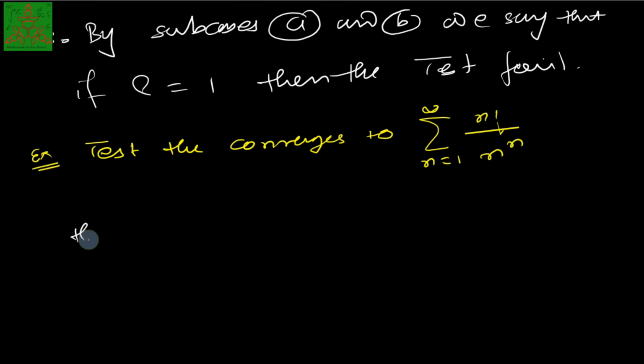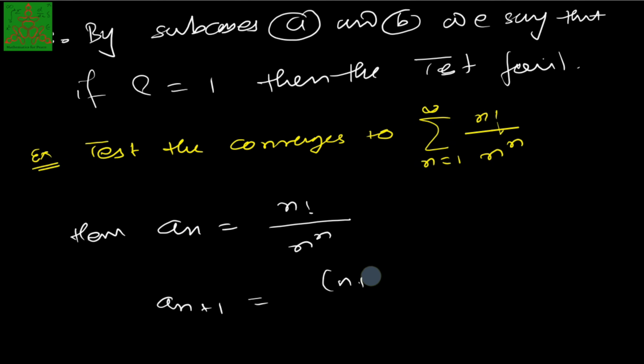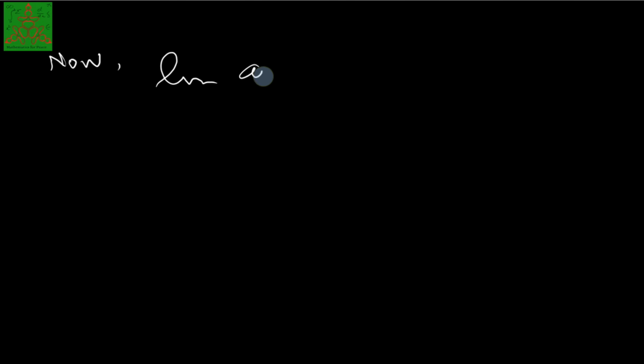Here you just observe that an is n factorial upon n power n. So what will be an plus 1? Which will be n plus 1 factorial upon n plus 1 power n plus 1. Now let me calculate the limit of an plus 1 upon an as n tends to infinity.